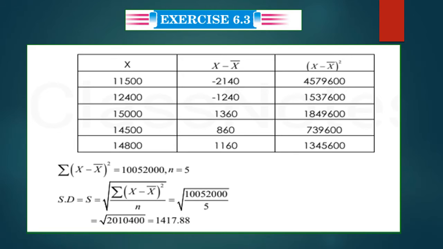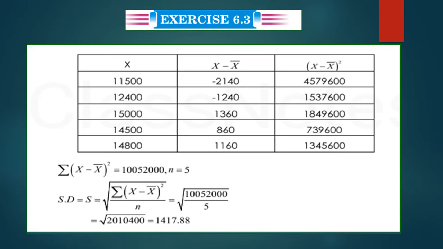Now x is 11,500, 12,400, 15,000, 14,500 and 14,800. So x minus x bar is minus 2140 and minus 1240. Similarly 1360, 860 and 1160.